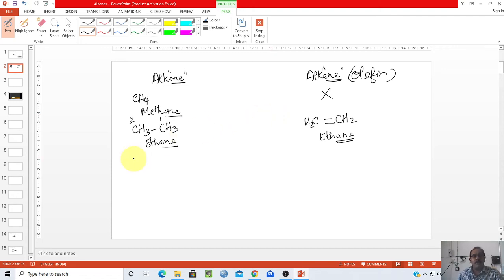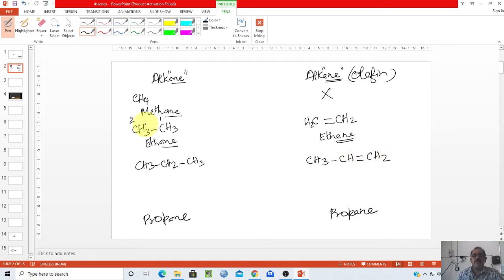Let us move to the third member, CH3, CH2, CH3. This one is propane. Correspondingly we will have propene: CH3, CH double bond CH2.